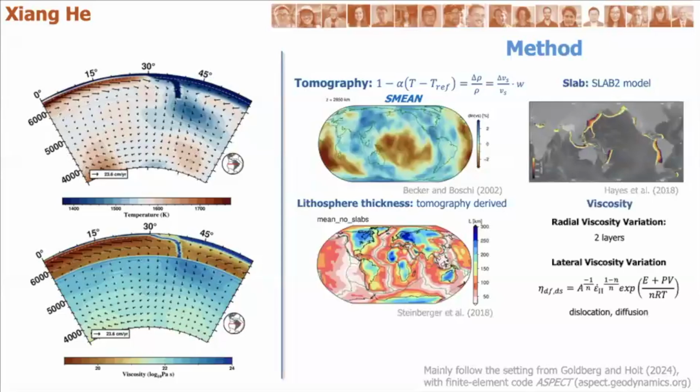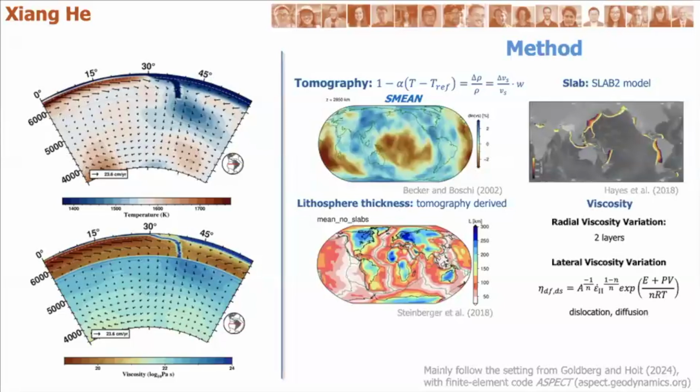Of course, we need a viscosity structure. First, we need a radial viscosity variation. It should be a two-layer one, which is already proved by trying to match the correct GIA and other constraints: a stronger lower mantle and a weaker upper mantle.